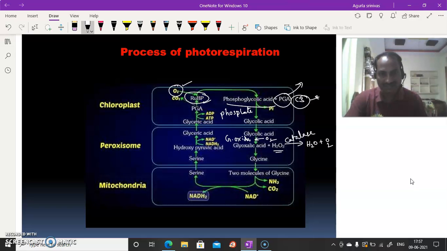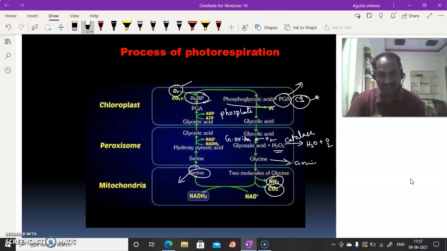Here glyoxylic acid converts to glycine. Now this glycine is an amino acid, the simplest amino acid, which enters into the mitochondria, where two molecules of glycine lose ammonia and carbon dioxide, and form serine. Serine is another amino acid, an example of a sulfur containing amino acid.